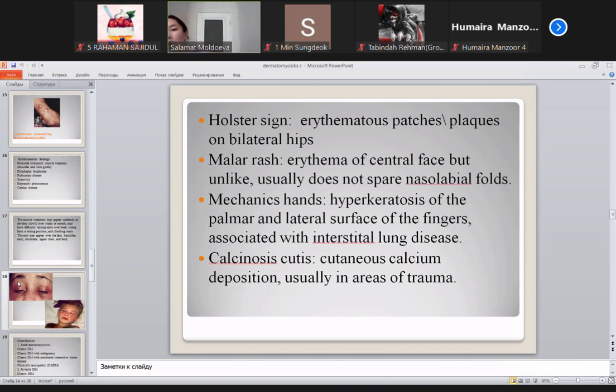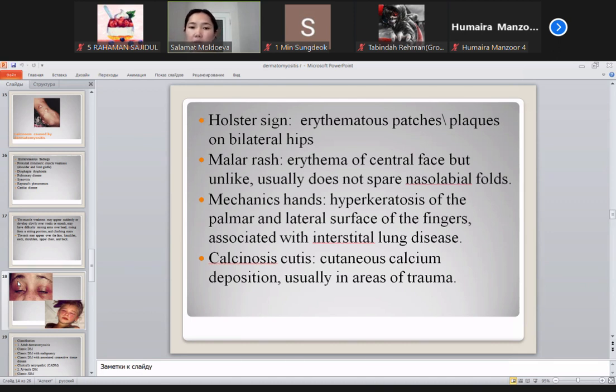Next change is about hands. There will be mechanic's hands due to hyperkeratosis of the palmar and lateral surface of the fingers. Patient's hands look like mechanic's hands. It will be very hard. He can't flex his hands. They look like worker's hands.